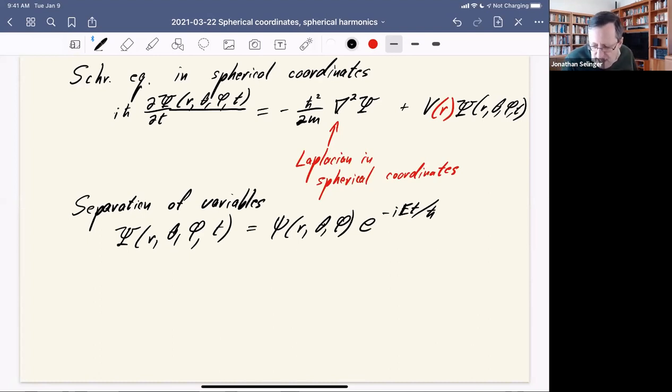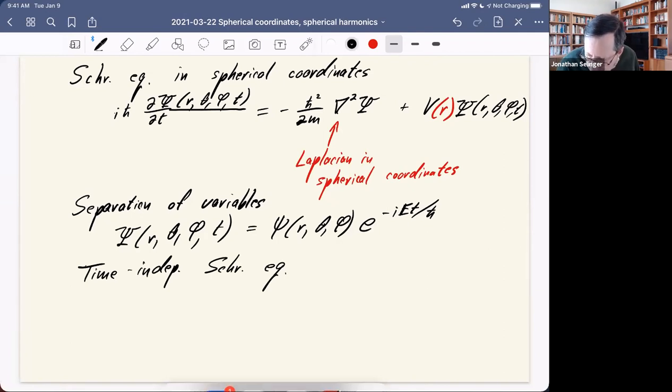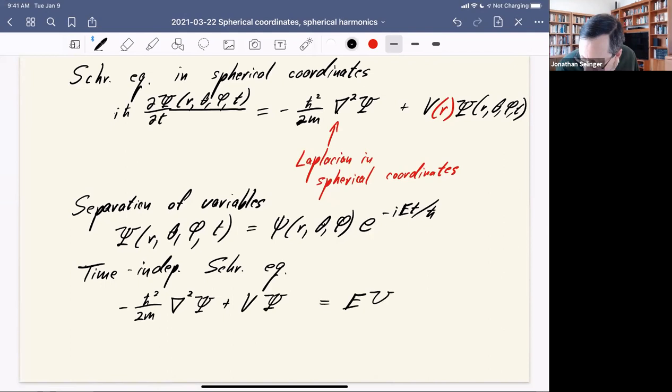And if we have that, then this gives us the time independent Schrödinger equation, which is that negative ħ² over 2m Laplacian of ψ plus Vψ is equal to Eψ.